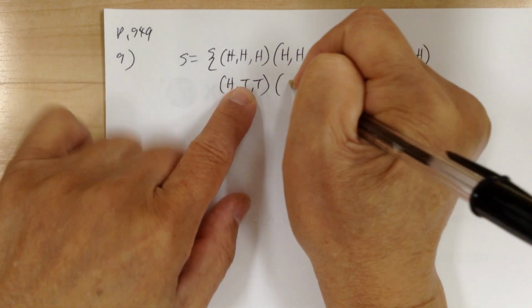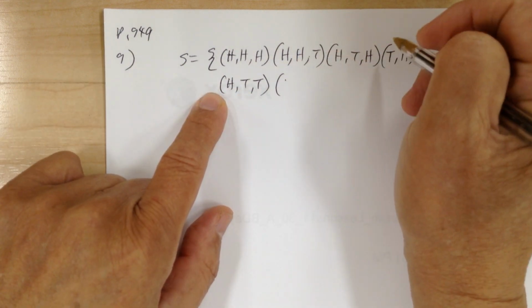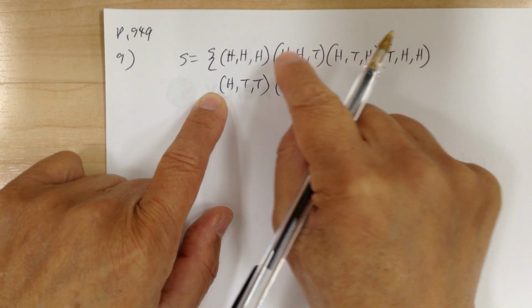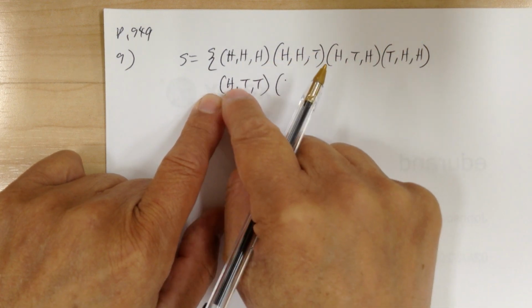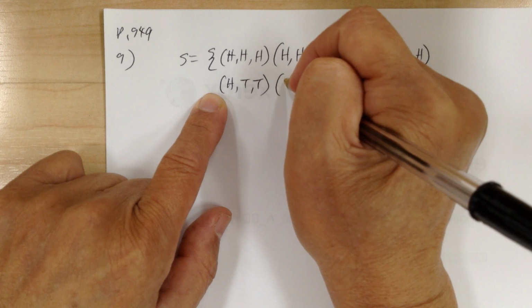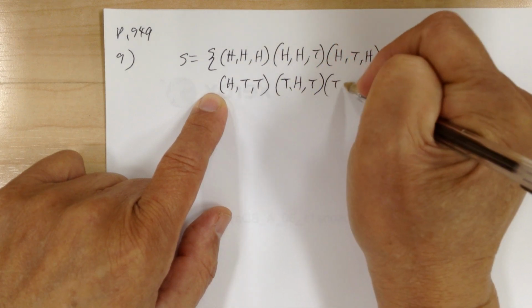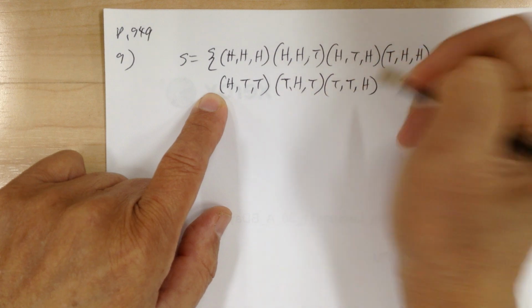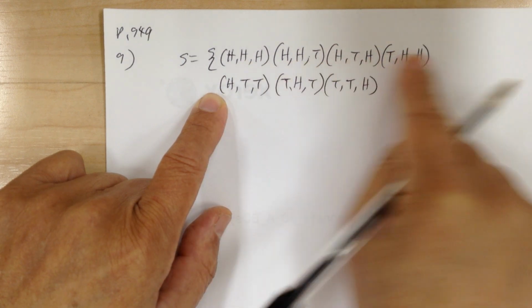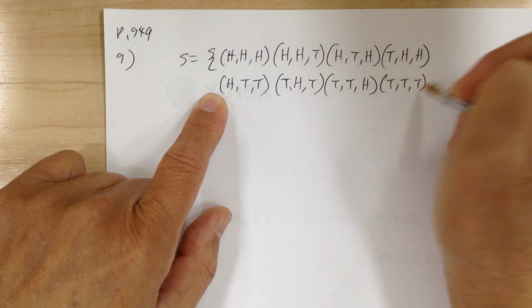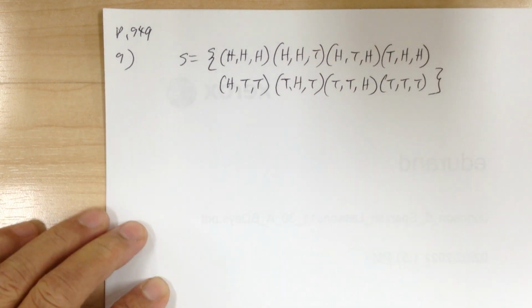And you can rotate the single one. When you have only 1 T, you rotate the T from here to here to here. When you have only 1 H, you rotate it from here to here to here. So it'd be T, H, T, and then T, T, H. So you can start with no tail, 1 tail, 2 tails, and 3 tails. So that's your sample space.